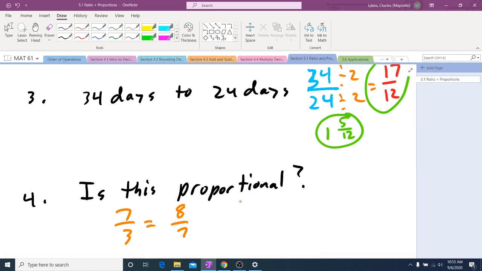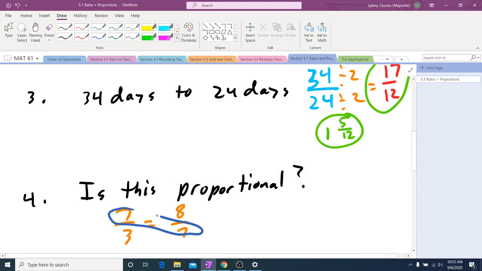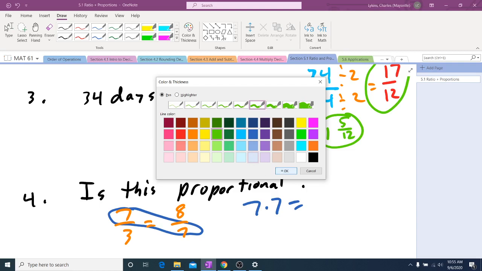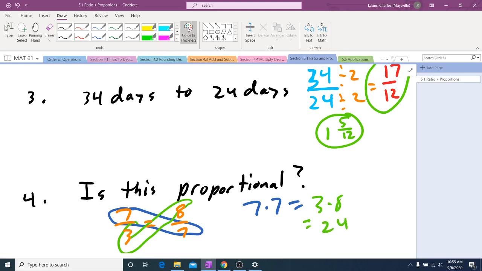Well, if you don't have a calculator on you to divide or anything, an easy way to do it is you sort of cross multiply. I'm going to say 7 times 7 equals 3 times 8, which 3 times 8 is 24. 7 times 7 is 49.